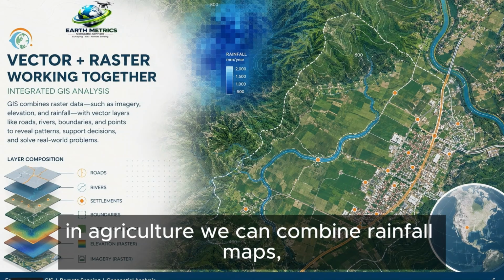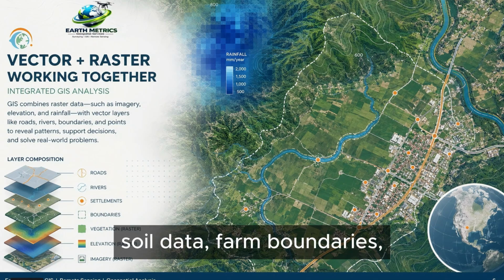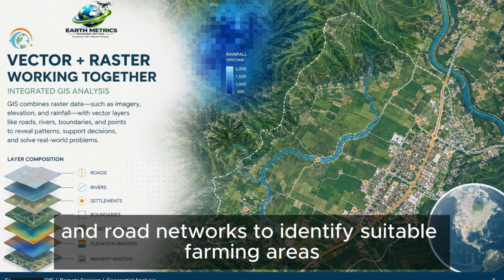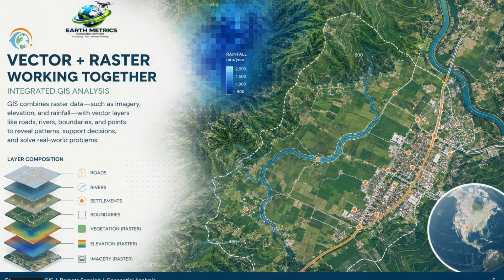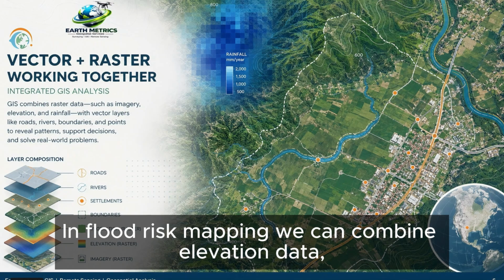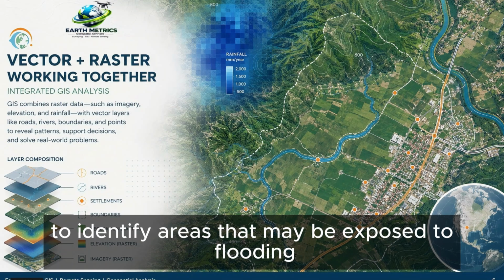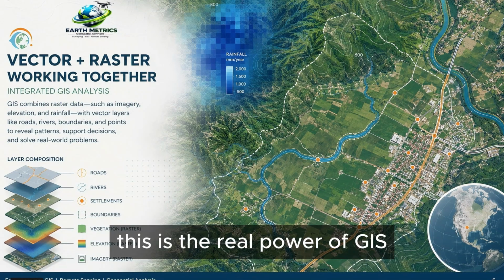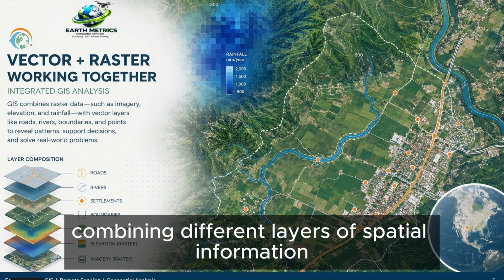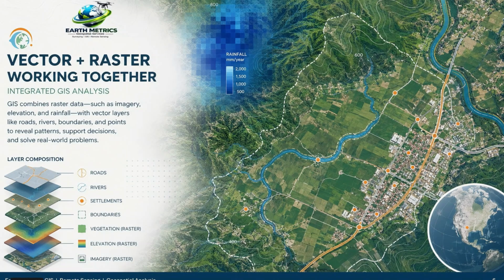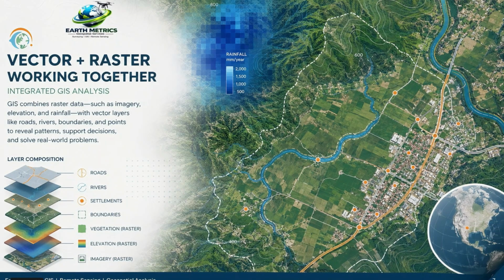For example, in agriculture, we can combine rainfall maps, soil data, farm boundaries, and road networks to identify suitable farming areas. In flood risk mapping, we can combine elevation data, river networks, land use, settlements, and infrastructure to identify areas that may be exposed to flooding. This is the real power of GIS, combining different layers of spatial information to solve real-world problems.